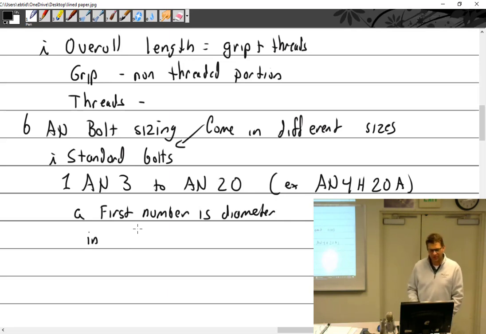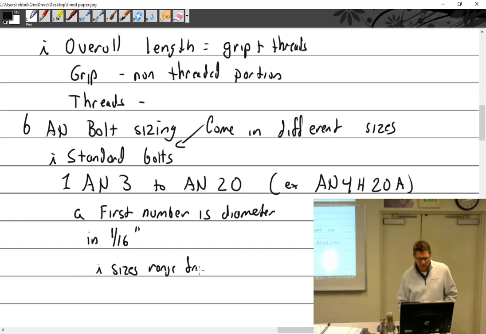So rivet diameter comes in what increments? 32nds. Double that, and it's 16ths. So double the size, in 16ths. The first number is diameter in 1/16 inch increments.